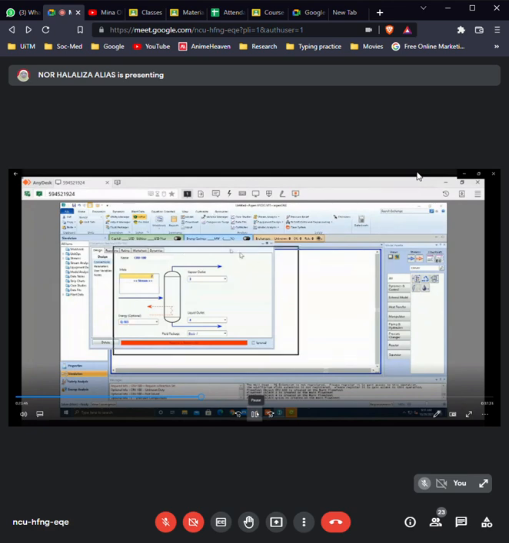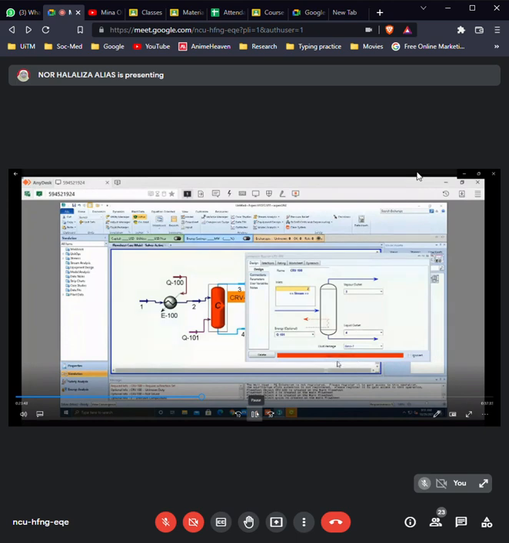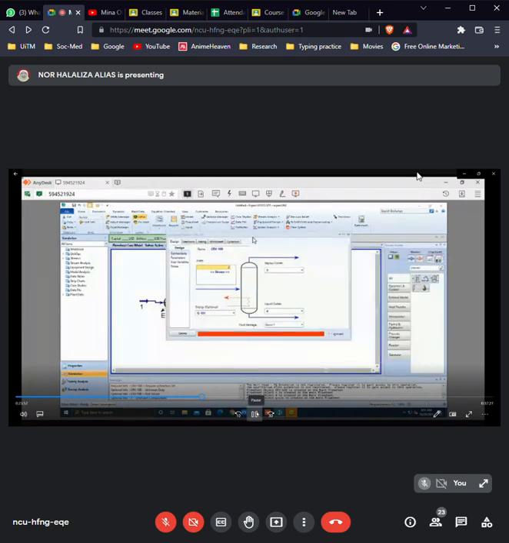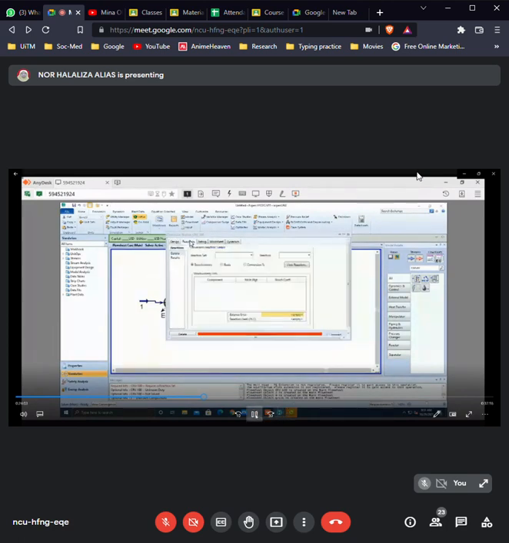Because this is a reactor, it says here it requires a reaction set. Once it requires a reaction set, we are going to recall that reaction set. The feed package is already defined as this one.